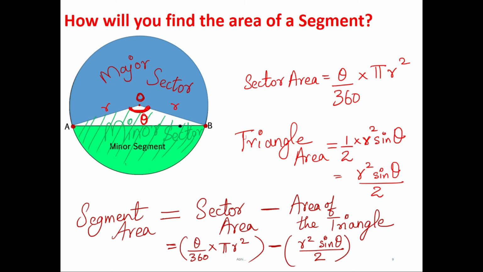Taking you back to the formula, you have the minor sector area from which you're going to cut off the area of a triangle, giving you the segment area.